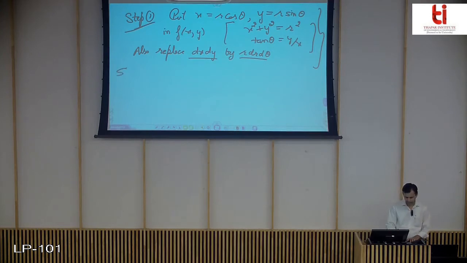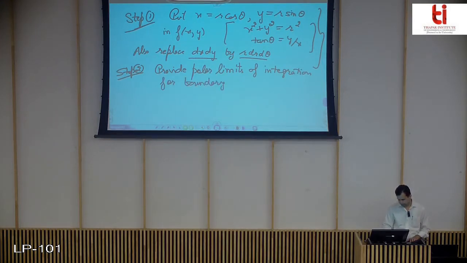Then step 2, we provide polar limits of integration for the boundary of R. That is the region of integration that you have sketched earlier in Cartesian coordinates.